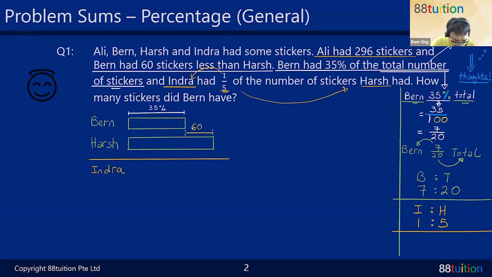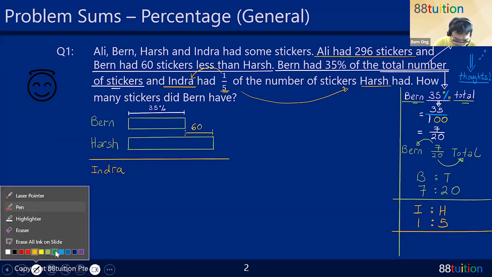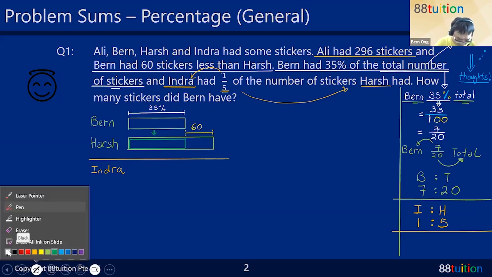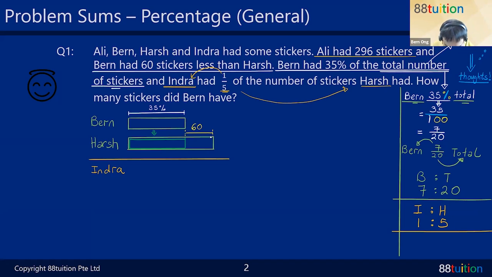Can you see that this portion of Hush is the same size as Burn? Can you see the darker green? This portion of Hush is the same size as Burn. But there is an extra portion sticking out, which is this white color portion.